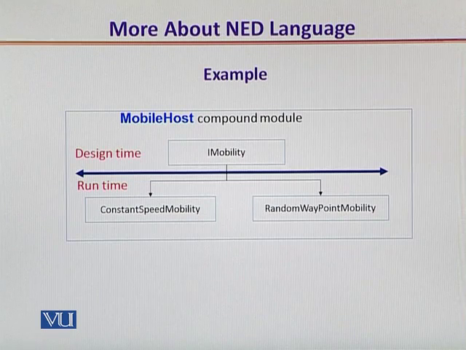It is only at runtime that we declare it to behave in a certain way. For example, it could either demonstrate constant speed mobility or random waypoint mobility. So, either of the two mobility models is exhibited depending upon what is told to the compound module at runtime.